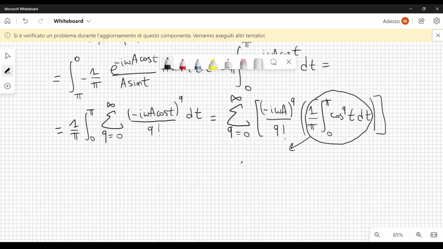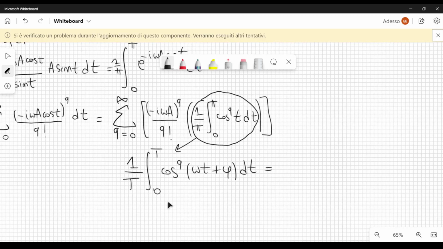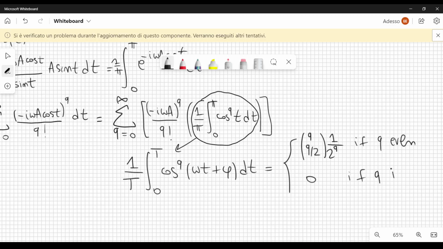In the previous video, I derived this formula: 1 over capital T integral from 0 to capital T of cosine to the power q of omega t plus phi dt is equal to the binomial coefficient q choose q over 2 times 1 over 2 to the power q if q is even, whereas it is 0 if q is odd.